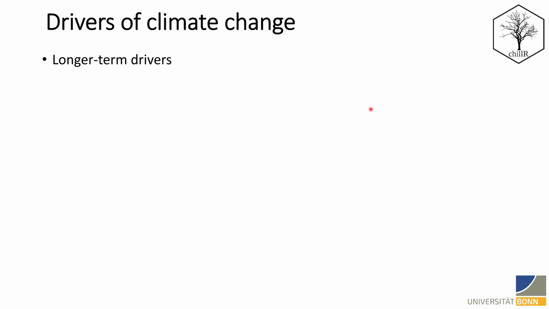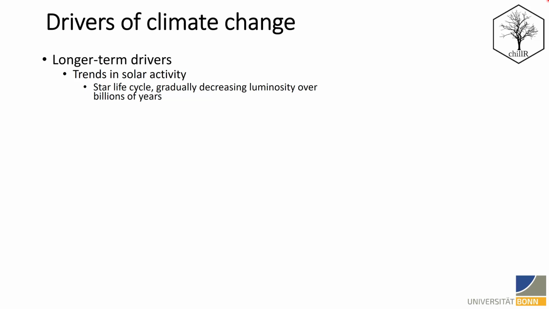A few words about longer-term drivers of climate change. There are actually trends in solar activity over time. These are not the sunspot cycles, but they're related to the star life cycle. So basically, stars go through certain developments as they hang out in space for the billions of years of their lifetime.